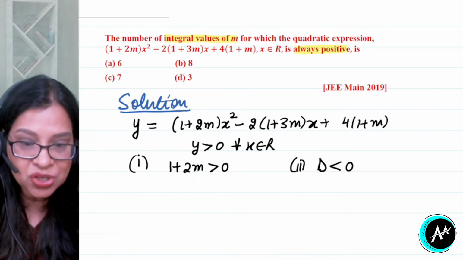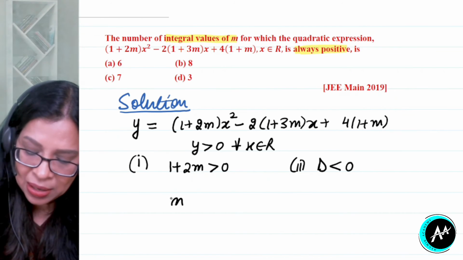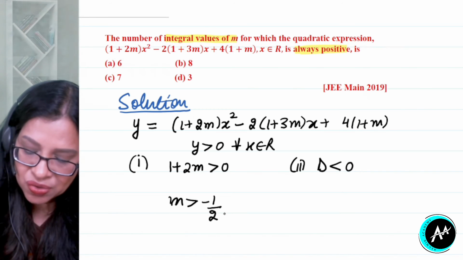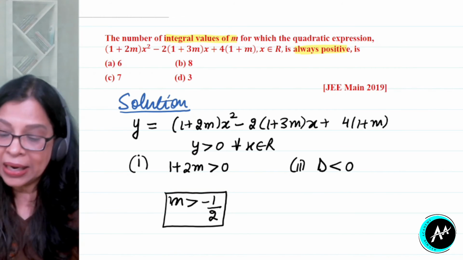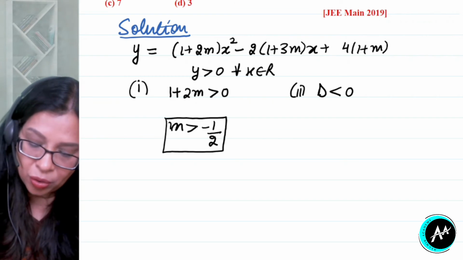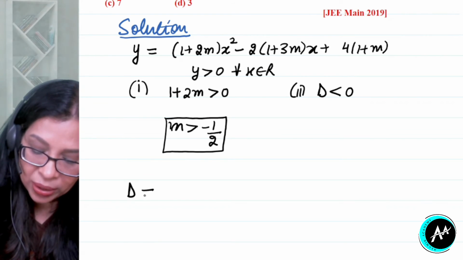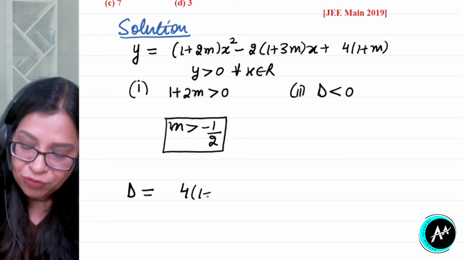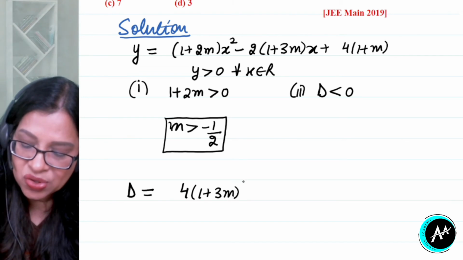Now let me take the first one. First one is quite simple. It gives you the inequality m is greater than minus 1 by 2. Alright, let us solve the second one. Now we have to find the discriminant. Discriminant would be b square minus 4ac. So 2 2s are 4, 1 plus 3m whole square.